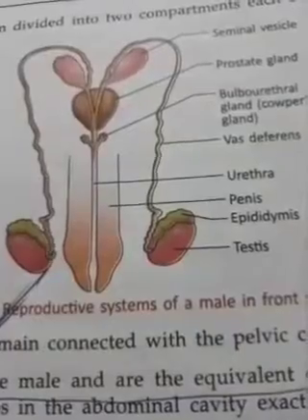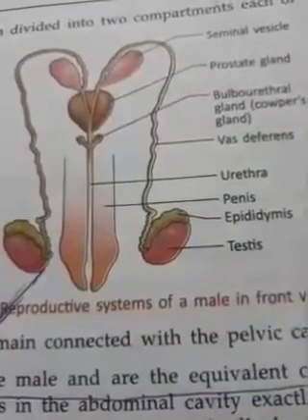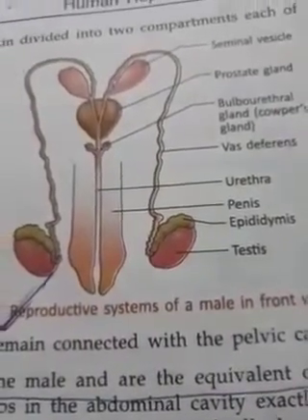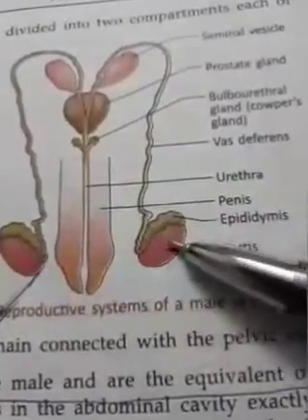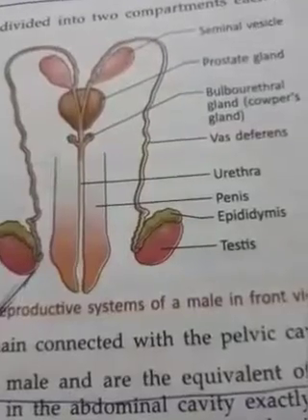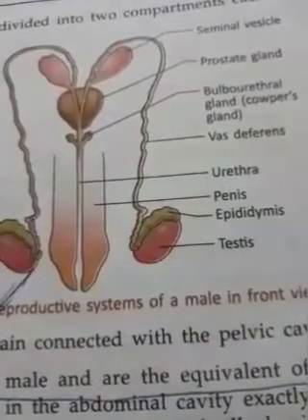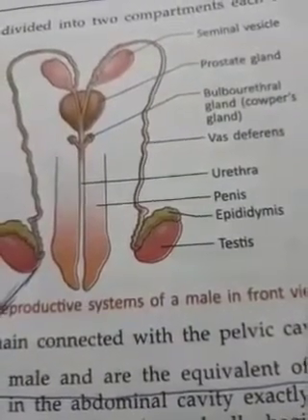You all know the testis is the primary sex organ in males, and here these two structures are the testes, and these are the equivalent of the female ovaries.